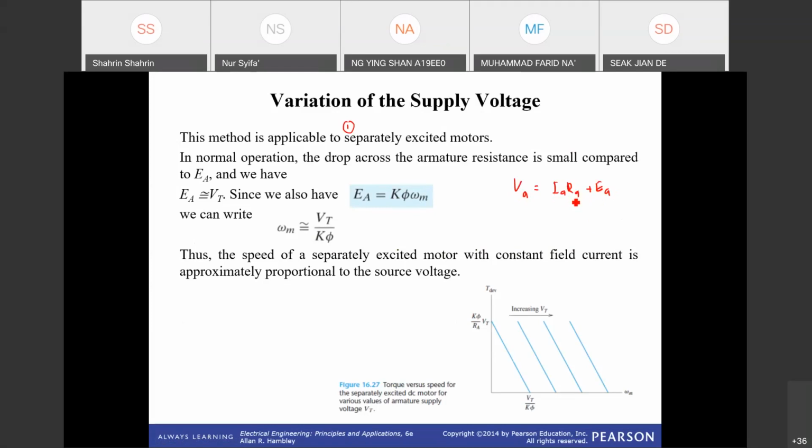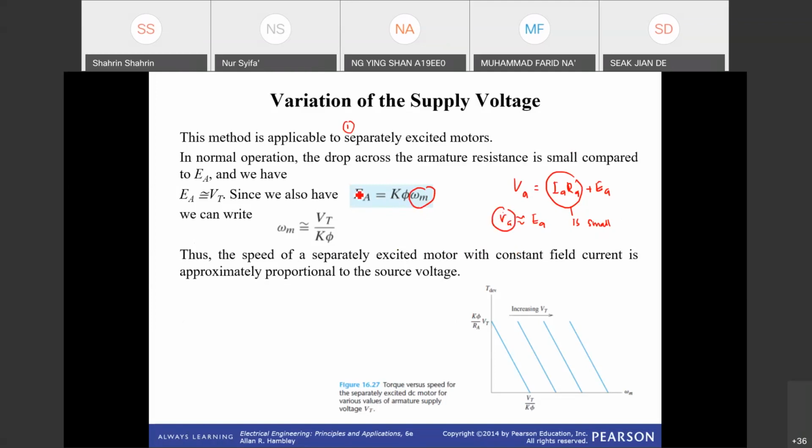We consider that the IA RA component is usually very small, so we can see that VA is approximately EA. Meaning that we can control the speed by controlling the VA here.